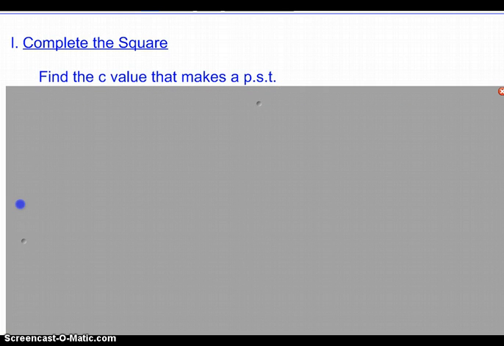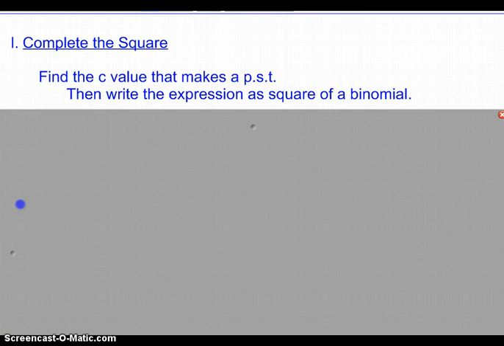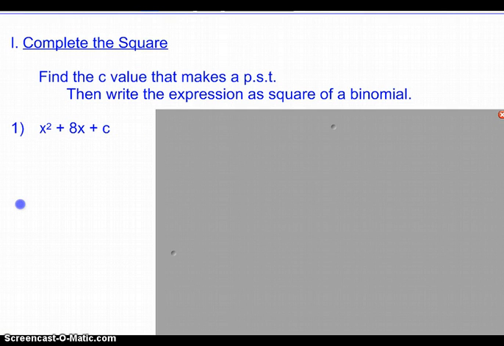Okay, so let's use what we've just talked about to complete the square. Right now we want to find the c value that can help us make a perfect square trinomial. Okay? And then we'll factor the perfect square trinomial, which always results in the square of a binomial, or the squared binomial. Okay? So go ahead and try this first one.